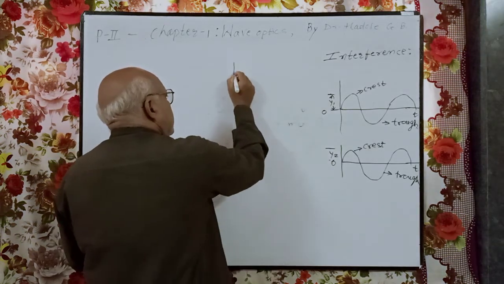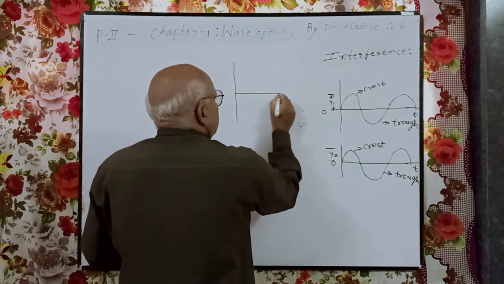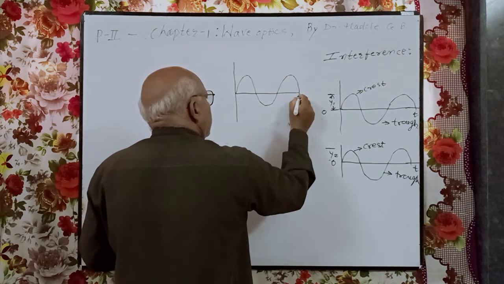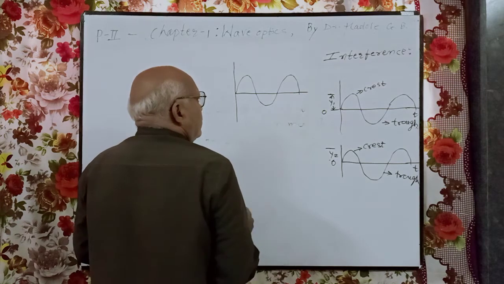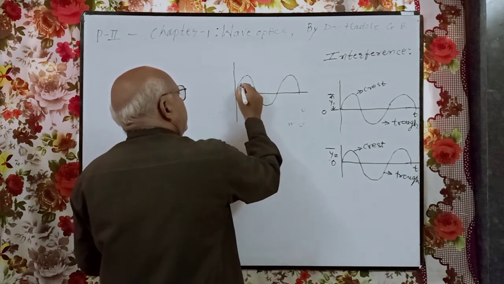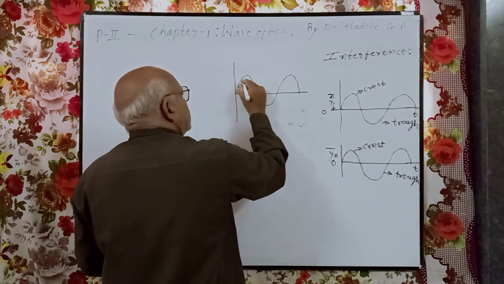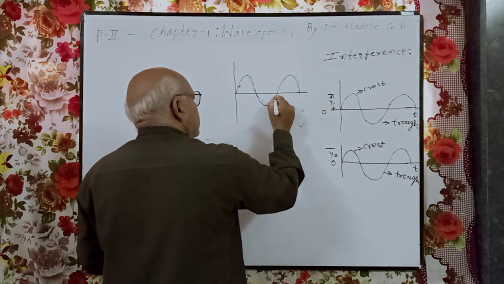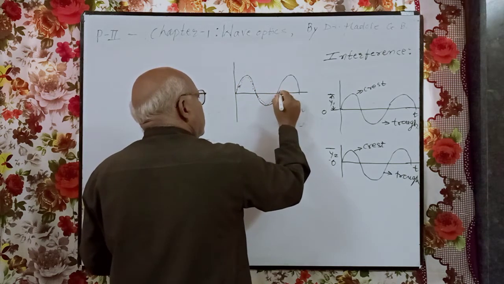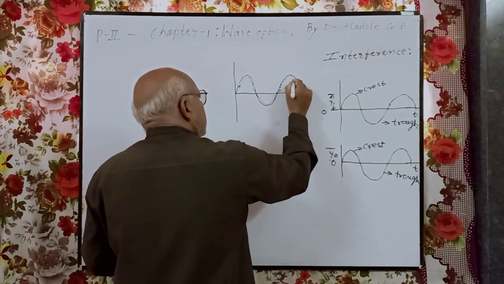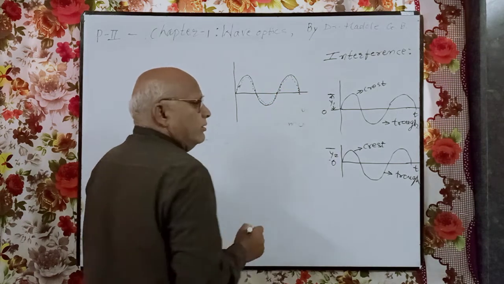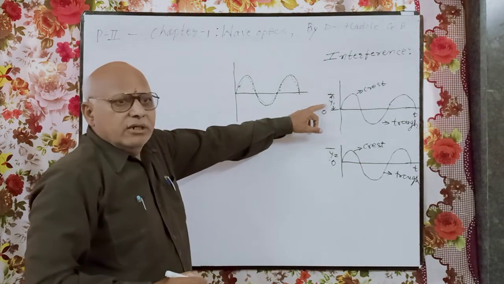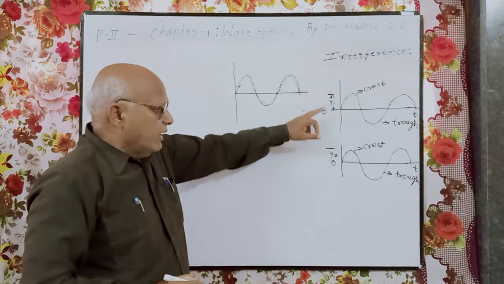First method, it is like this. Suppose this is one wave. Now this is another wave which is going to superimpose. I am going to show it by dotted lines. Here the first wave has the displacement y1.